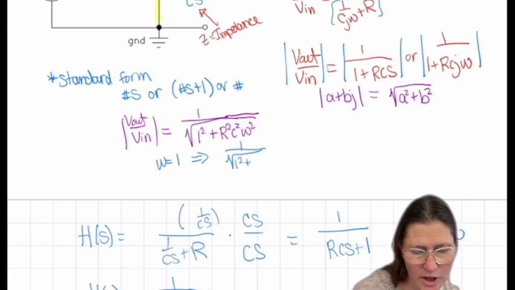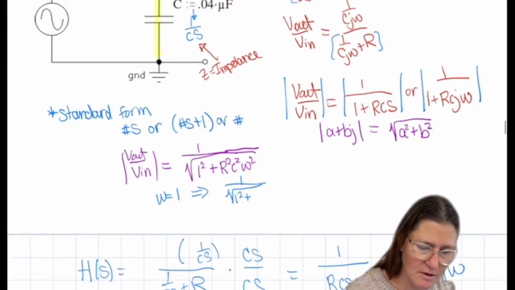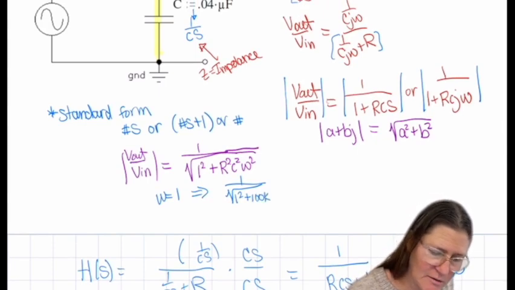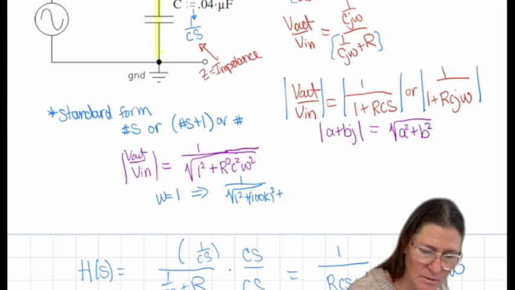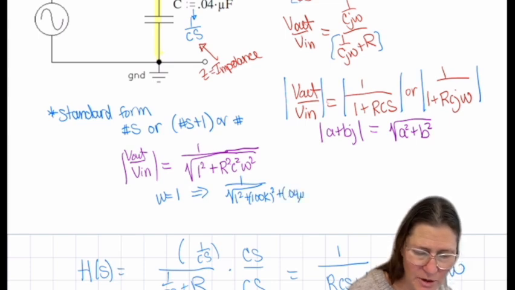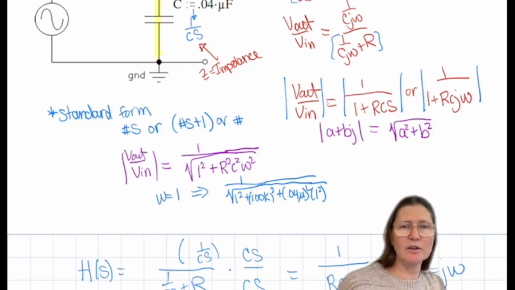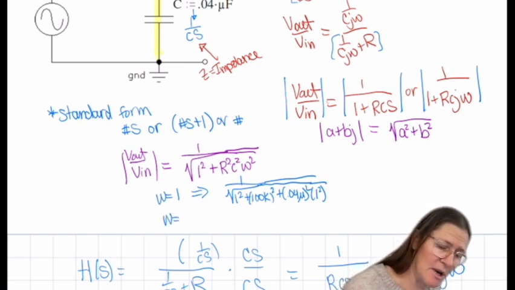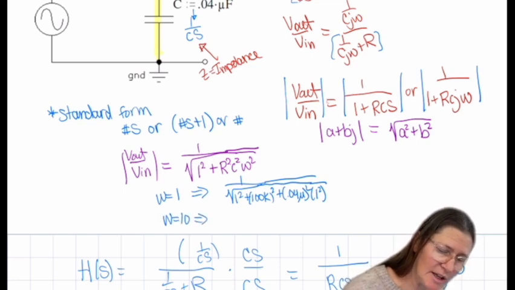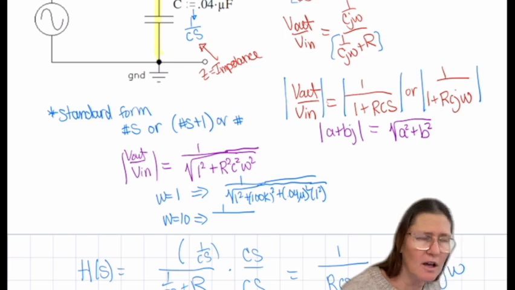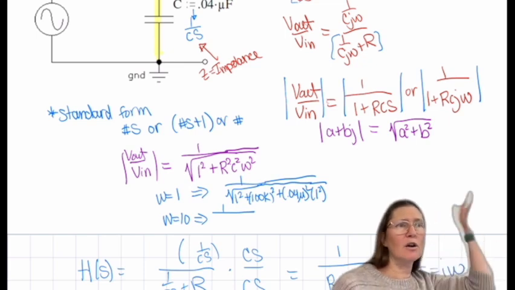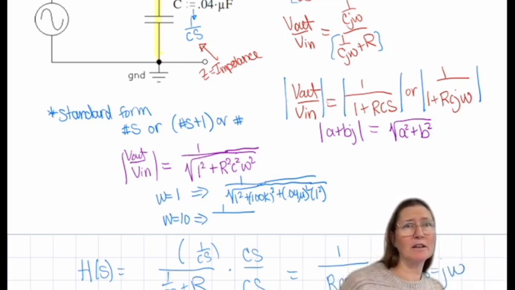I get 1 squared plus 100k squared times 0.04 micro squared and 1 squared. So that's going to yield some value. I don't have it figured out right now. At omega equals 10, I would do the same thing. And I could plug in a whole bunch of numbers for omega, and I would get one specific plot on the graph.